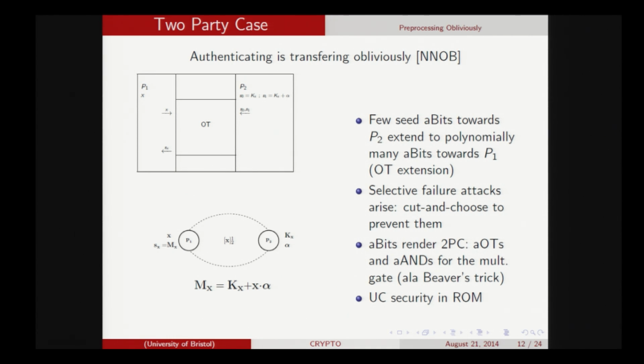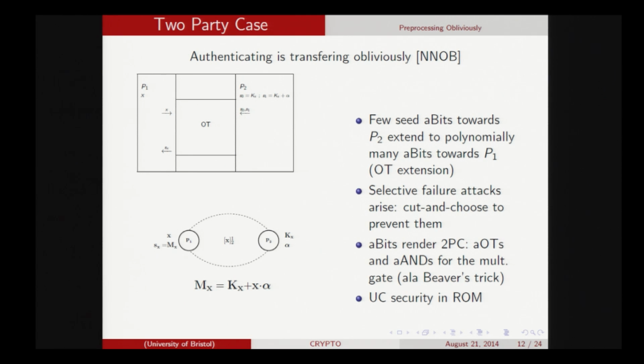OK, so why is this efficient? This is efficient because they were using ideas from OT extension. So they basically were authenticating many bits at the same time.